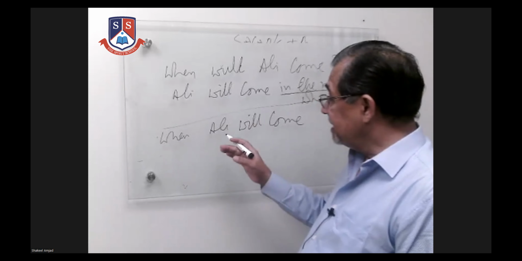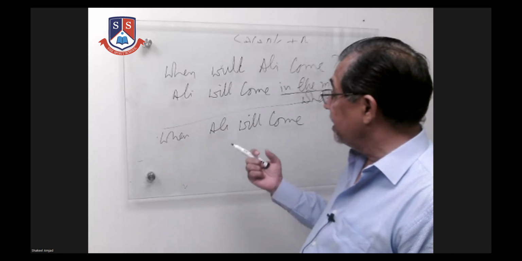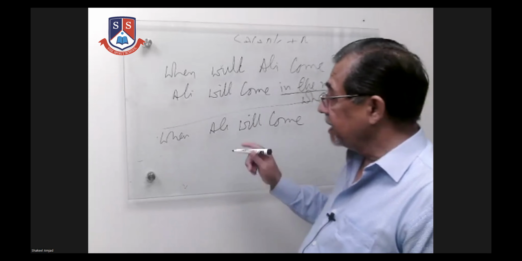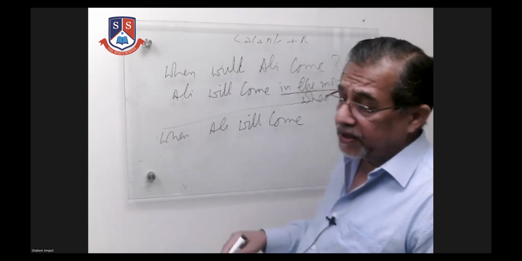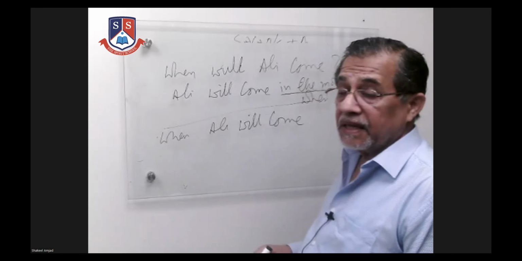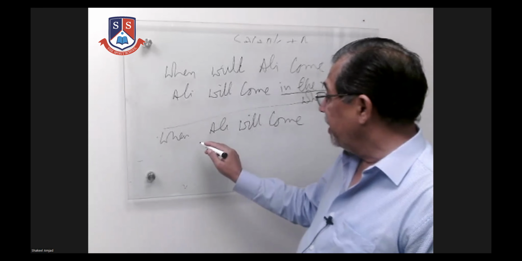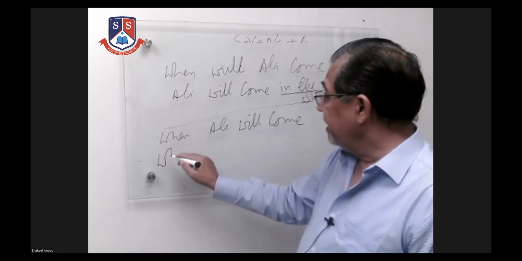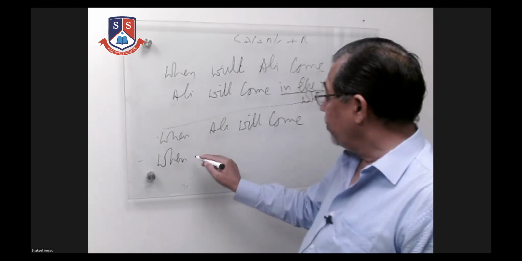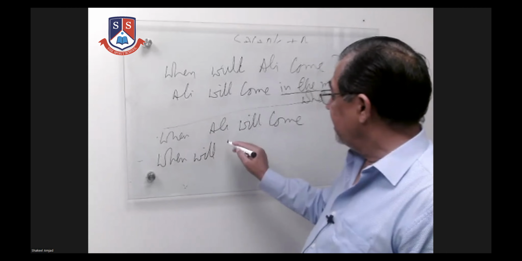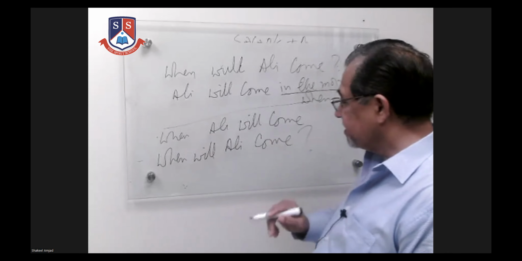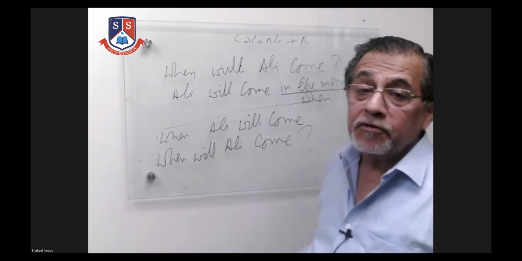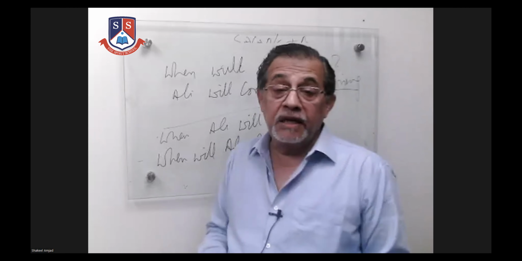Again, as the sentence asks a question, and whenever there is a question, the helping verb tends to come before the subject in English. So we bring "will": when will Ali come. Put as interrogative. This is the movement that has taken place inside.